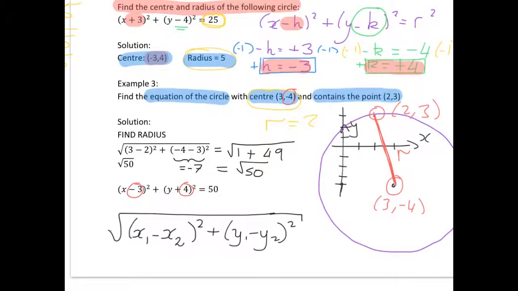Our r squared will be the square root of 50 squared, which is just 50. So the equation of our circle is (x minus 3) squared plus (y plus 4) squared equals 50.